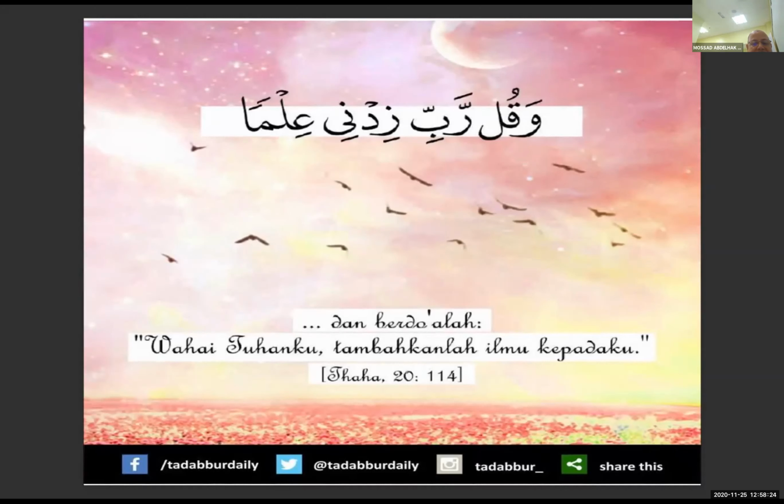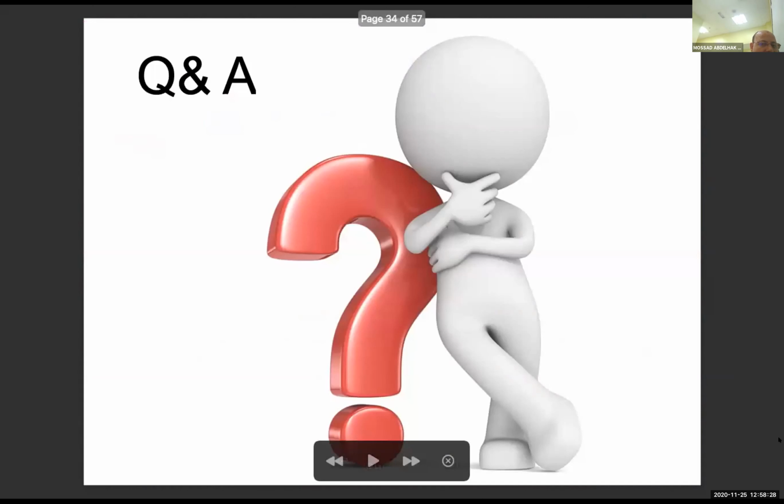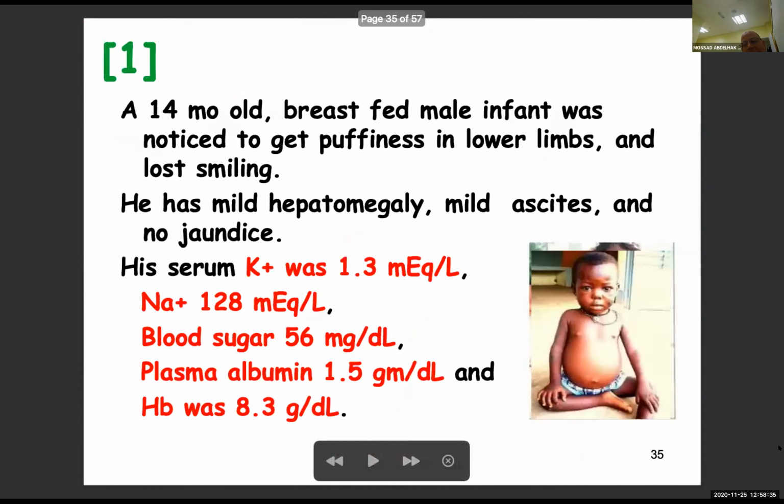Next. Someone can present the first case.